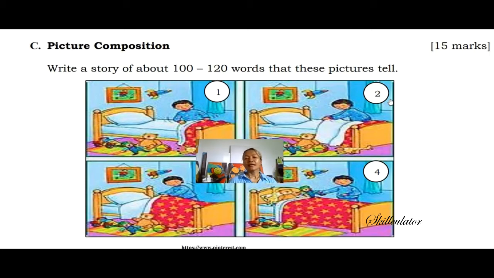Okay. Right, let's jot a few notes down beside each picture so that it helps us tell the story a bit better. The first one is the child. Let's see what the child is doing. It seems to be pulling out the sheet underneath.